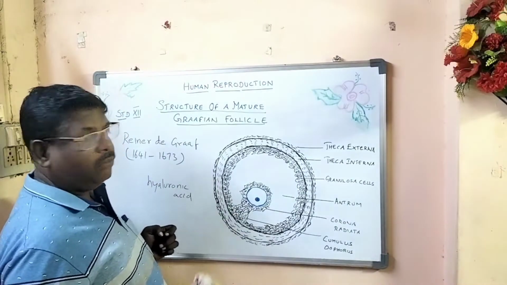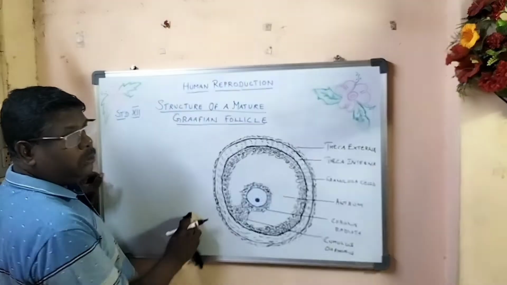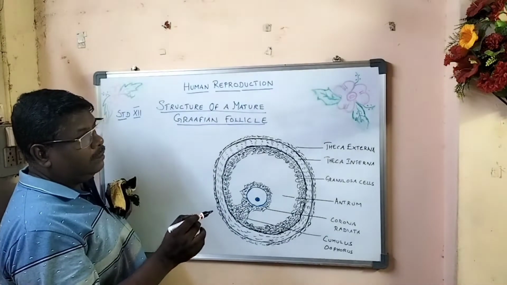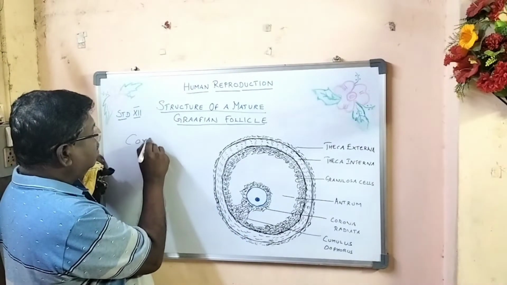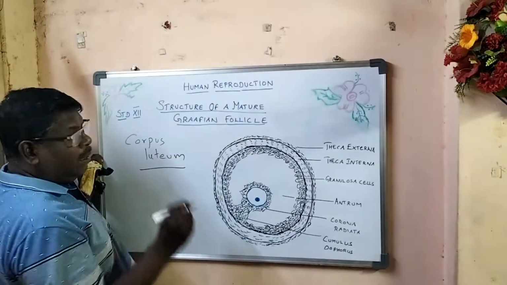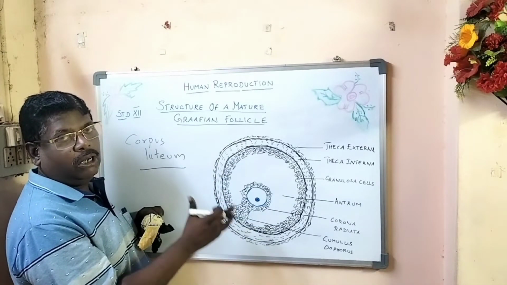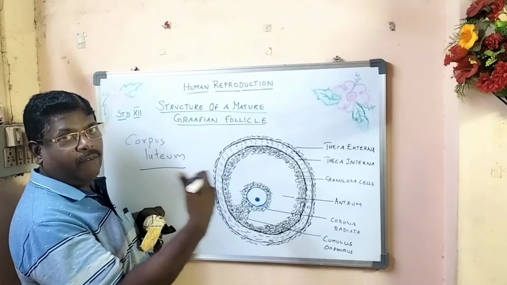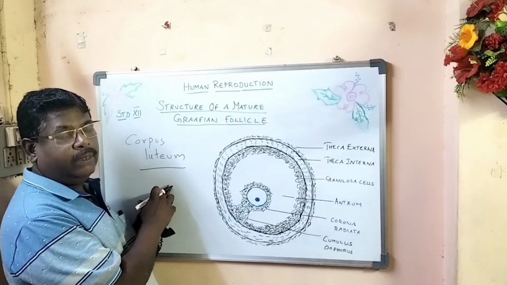Now I'll introduce some key points which you have to know. You know what a follicle is and why it is called Graafian follicle. Now let us see what corpus luteum is. After the release of the egg, after ovulation, the remains of the Graafian follicle are called the corpus luteum.